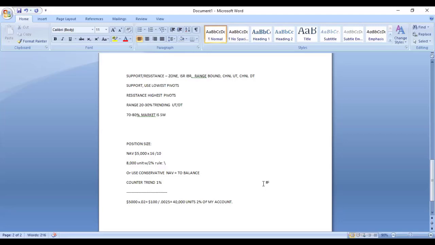When you do position sizing and your trade management, you shouldn't be risking all of your units because you need to have available units for pullbacks. And that's where it comes into having paychecks. If you were to take the next trade and your available NAV, let's say you had about 4,000 left, let's do the math on this one. 4,000 units with the 2% rule, so we're going to be conservative.